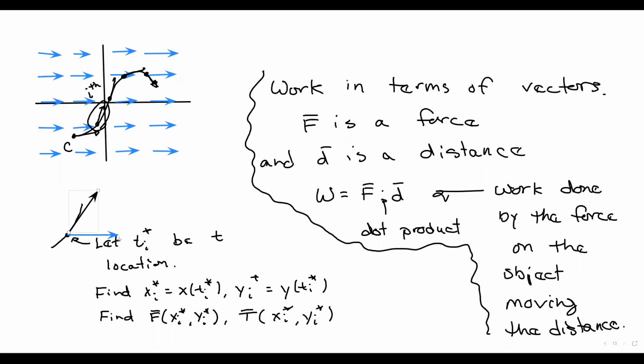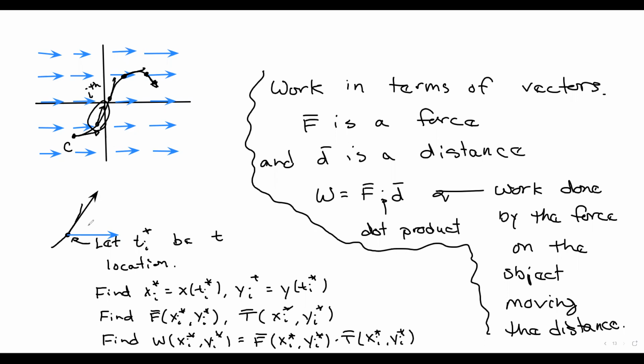All right, and they don't have to be the same length. I don't know why I'm drawing them the same length, but the idea is that you've got the vector field and the unit tangent, and this is modeling the force, this is modeling the movement, and so we can go through and find the work at x sub i star, y sub i star by taking the dot product of F of x sub i star, y sub i star dotted with the unit tangent at x sub i star, y sub i star.